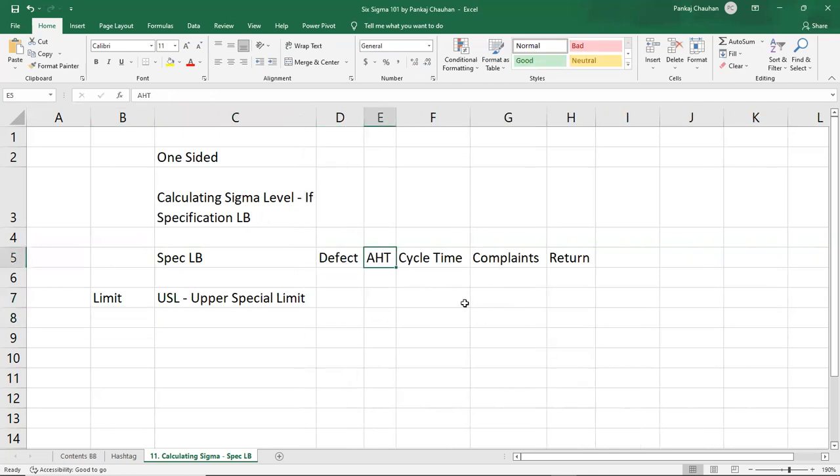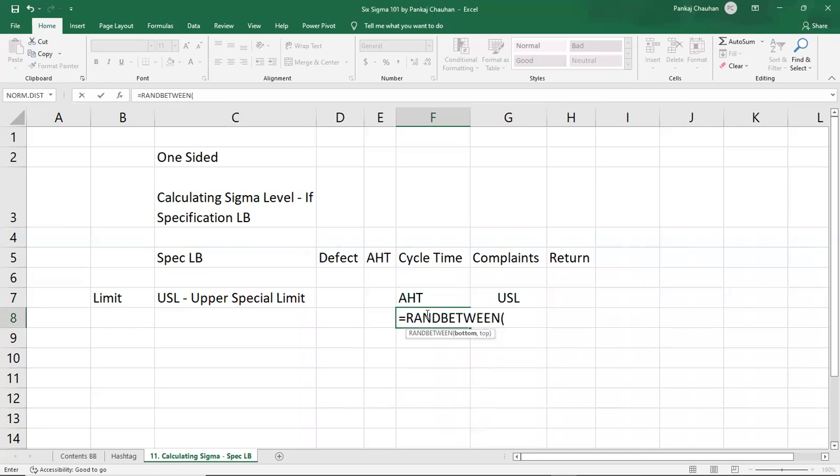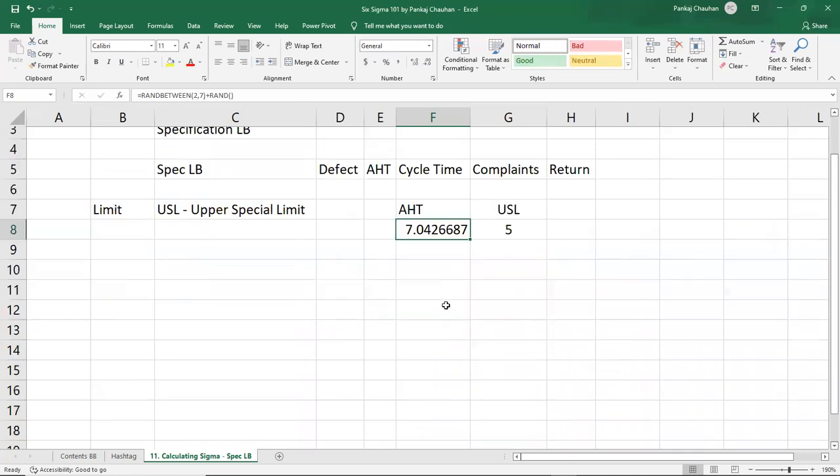Let us take an example of AHT. Suppose my upper specification limit is, let's say, 5 minutes. Any transaction I am working on should not cross 5 minutes. I have some random data collected, ranging from a minimum of 2 minutes to, let's say, 8 minutes, with decimals added here.